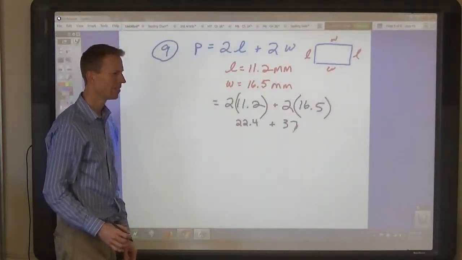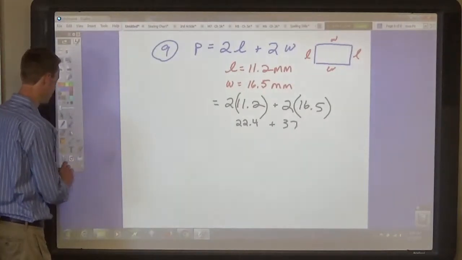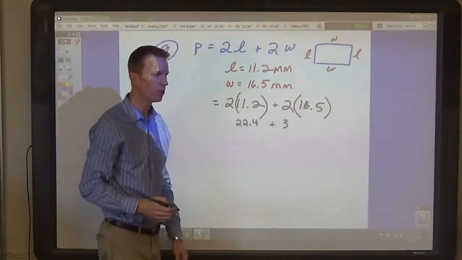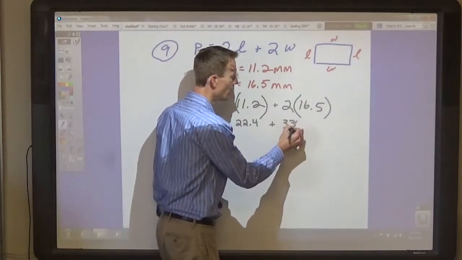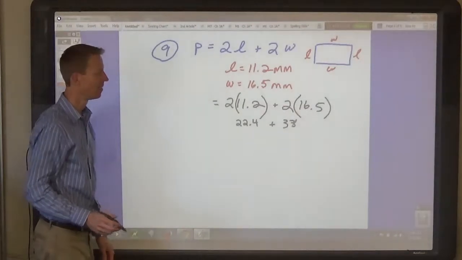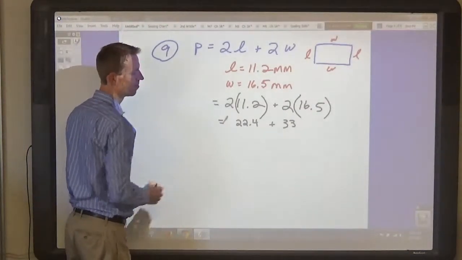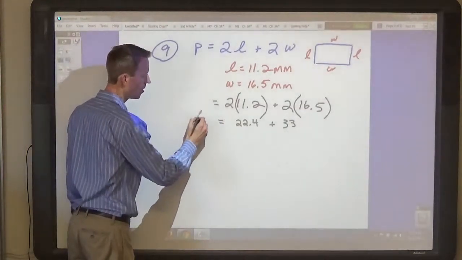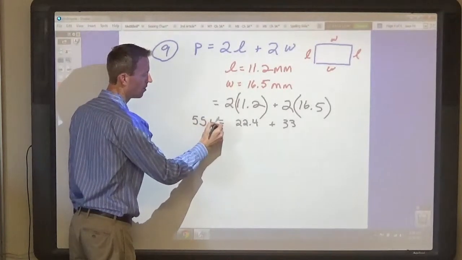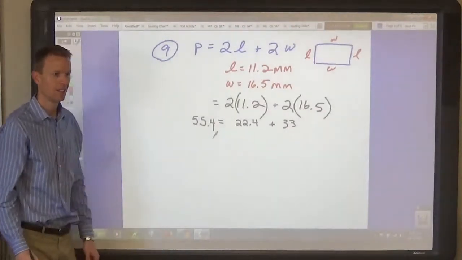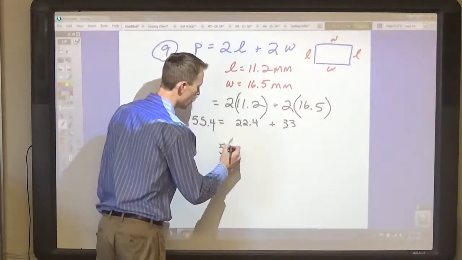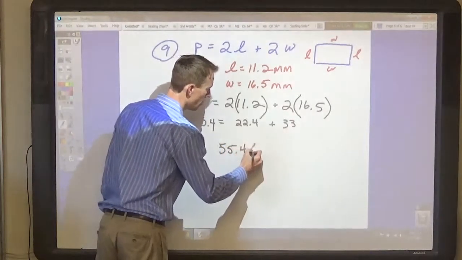Wait, 37? Yep, because 16 plus 16 is 32. Yeah, sorry. So 16.5, I said the wrong thing. 33. So 55.4. What? Millimeters, right? 55.4 millimeters.